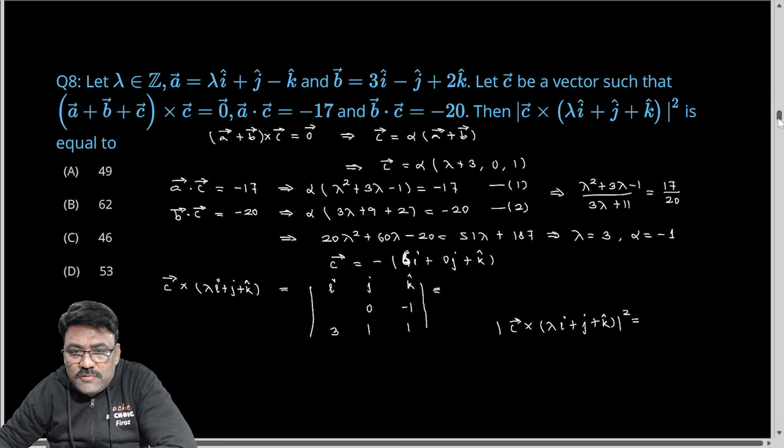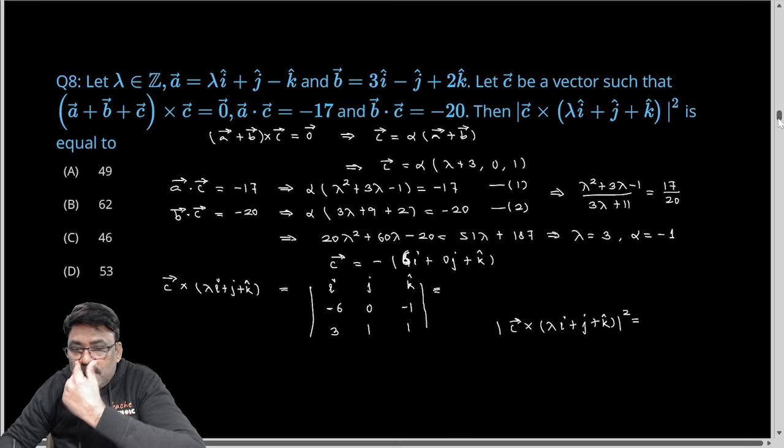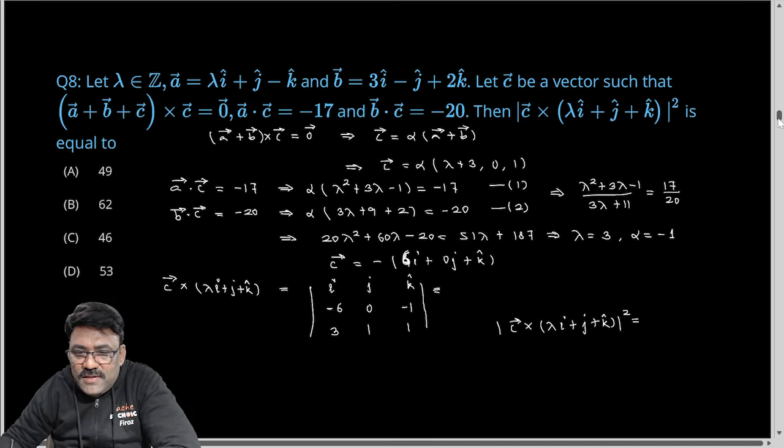If you put lambda as 3, C will be minus 6i plus 0j minus k. So actually it is minus 6 here: minus 6i, minus 0j, minus k.